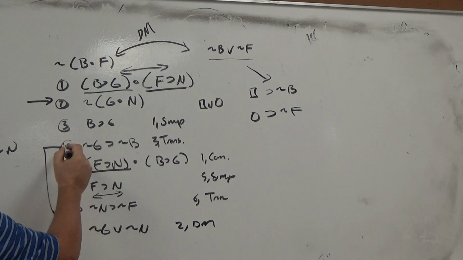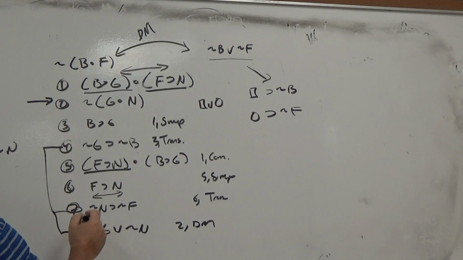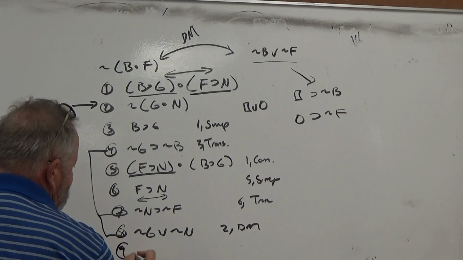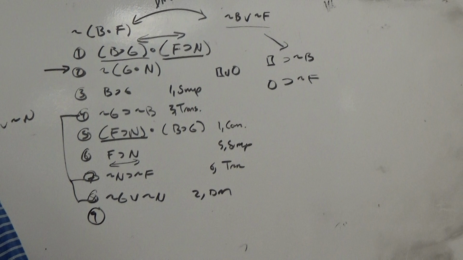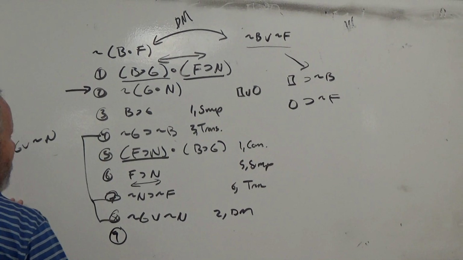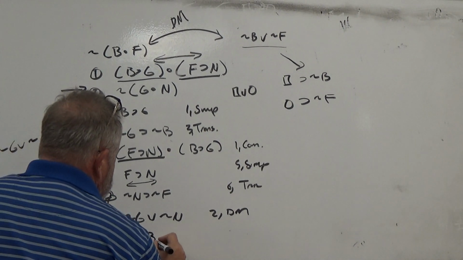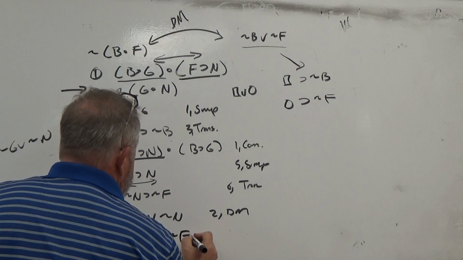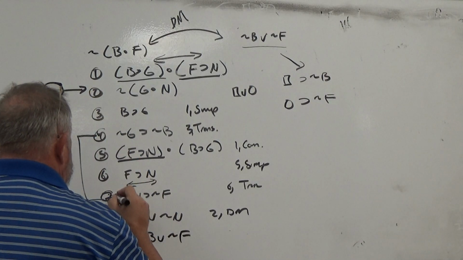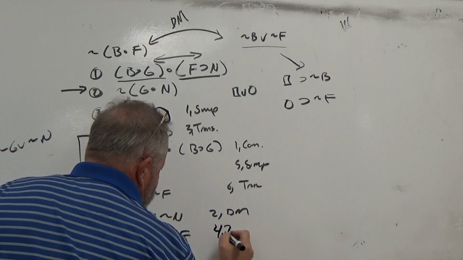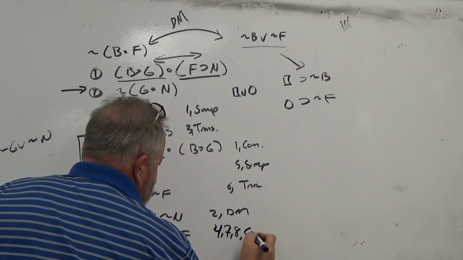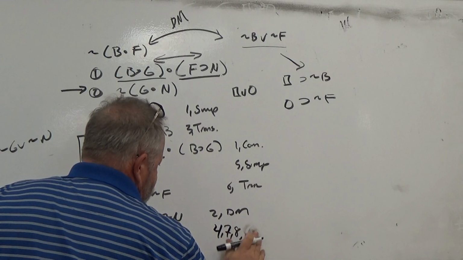So now I look at 4, I look at 7, I look at 8, and I can do the constructive dilemma to get not B or not F from 4, 7, 8, CD, constructive dilemma.